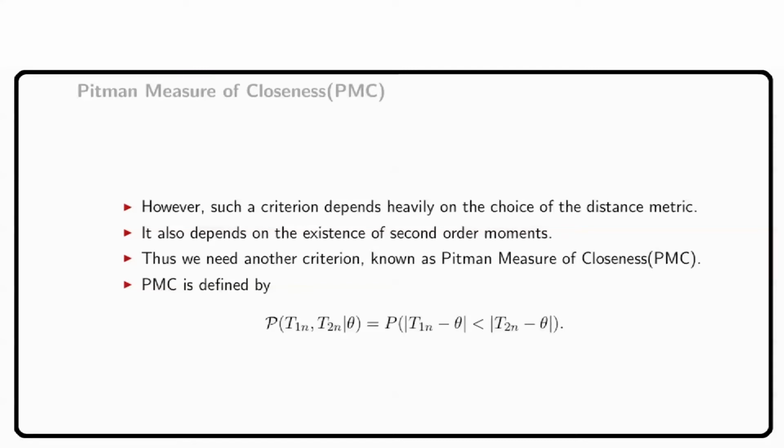order moments. Thus, we need another criterion known as Pitman measure of closeness, abbreviated as PMC, and this is defined by the probability measure of (T1n, T2n) given theta, which is equal to the probability that modulus of T1n minus theta is less than modulus of T2n minus theta.